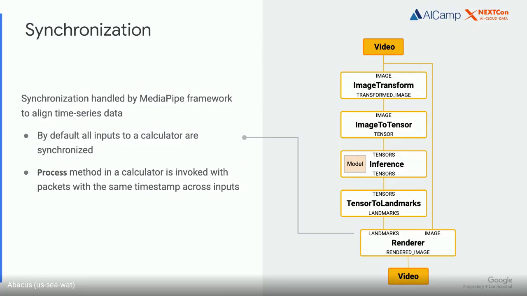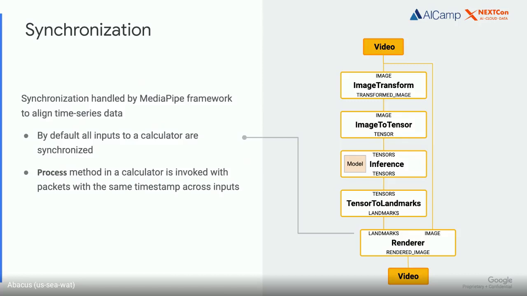So we take the timestamps of each packet to indicate the time at which that data was recorded in the world. It's a time of an event that happened in the world. So collating all the packets according to timestamp is a way of bringing together the data that happened coincidentally in time. And that's usually the most useful way to combine the data inside of a media processing pipeline.